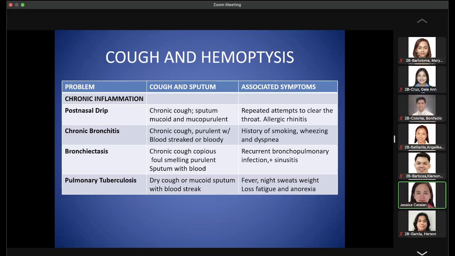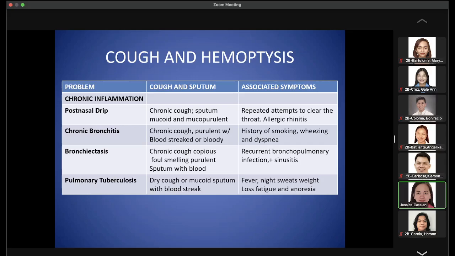For bronchiectasis, same also. But with bronchiectasis, there are episodes of recurrent infection. So, with recurrent infection, nagkakaroon ng fibrosis sa lungs, no? Or bronchiectasis. So, the usual symptoms are chronic cough, okay, with purulent sputum.